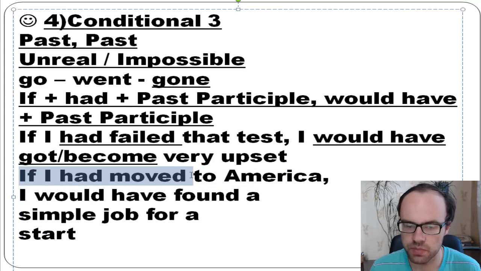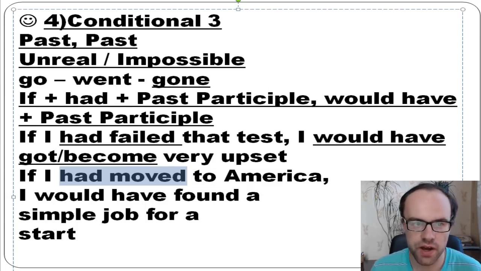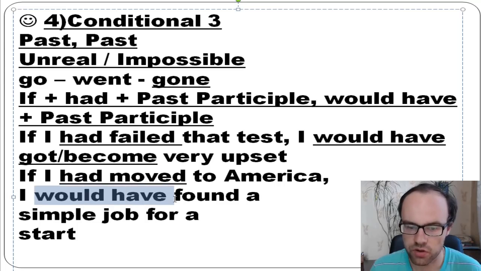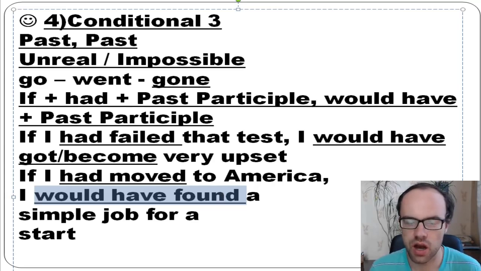Okay, so it's about the past. It's in my imagination. It means I didn't move to America, yeah? I didn't move to America, but if I had moved, yeah? So had plus past participle, if I had moved to America, yeah? Would have plus past participle, I would have found a simple job for a start.